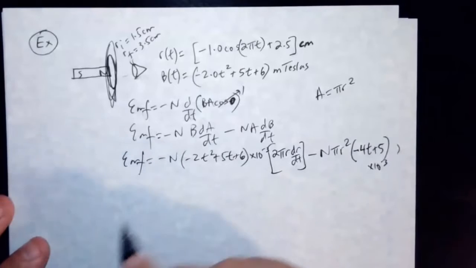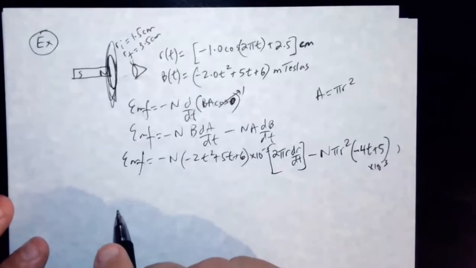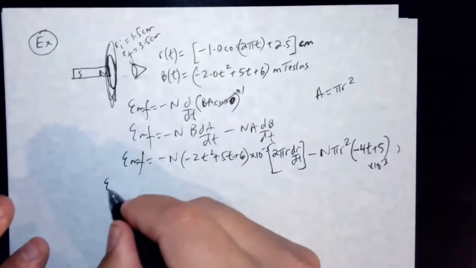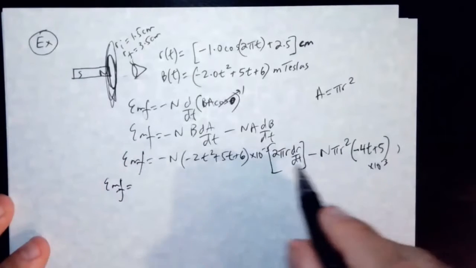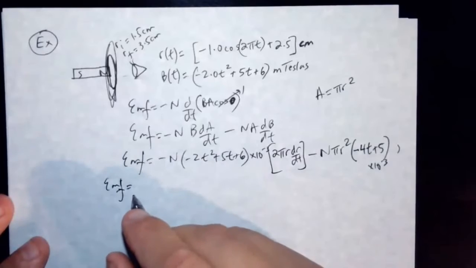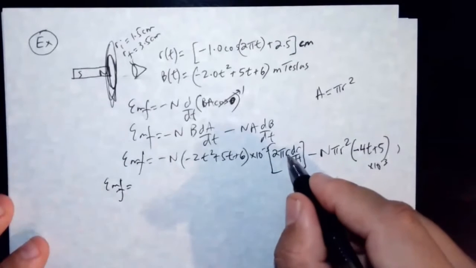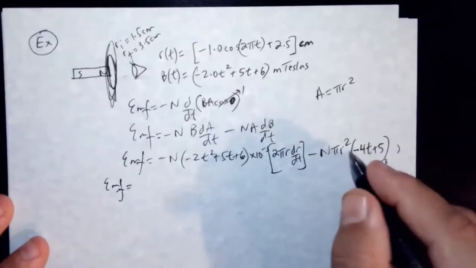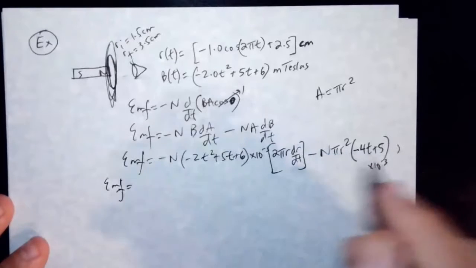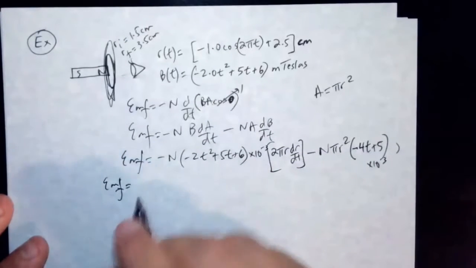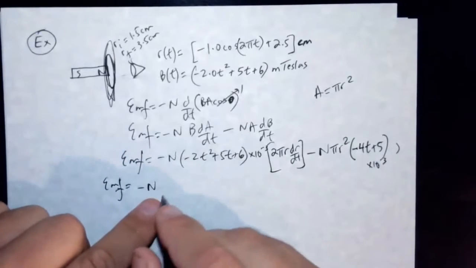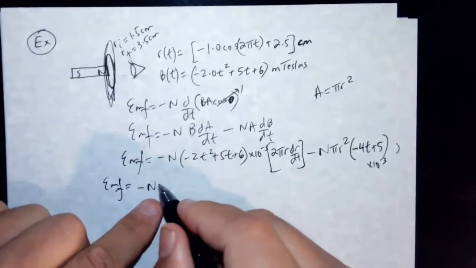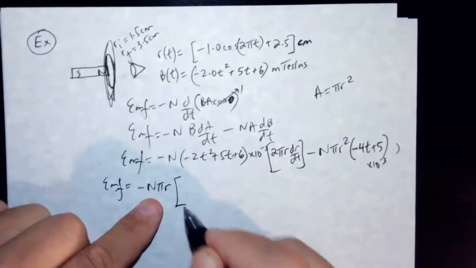So now, let's see how that works out. We could factor out the n. We could factor out one of the r's and the pi. Let's see here. Yeah, you know what? Let's factor out a negative n pi r.